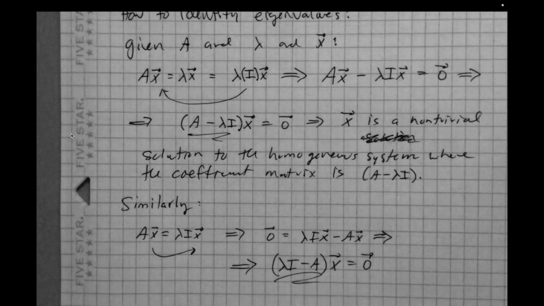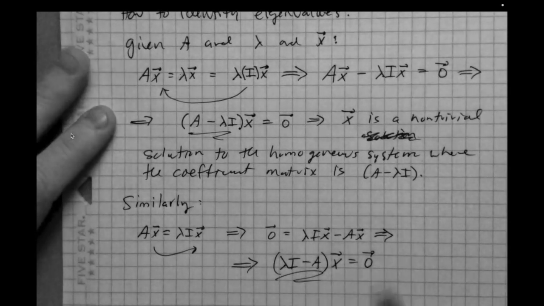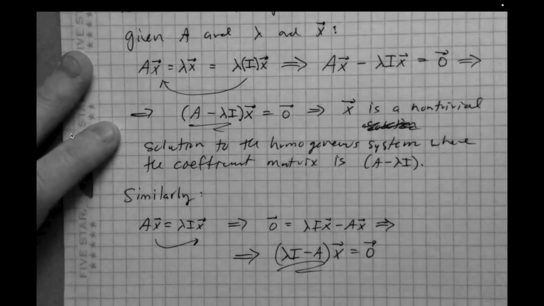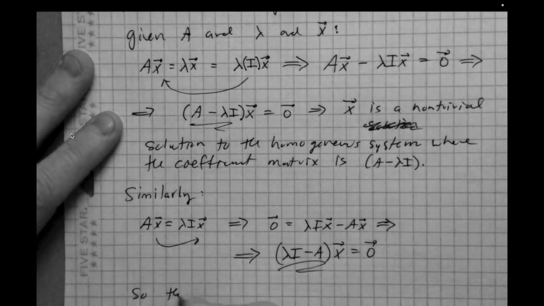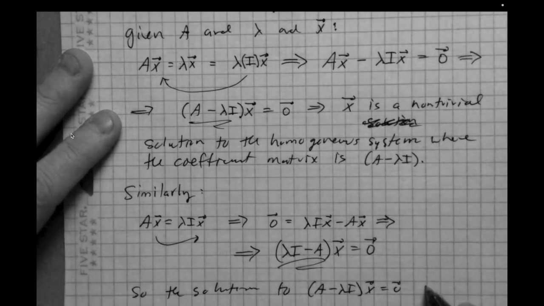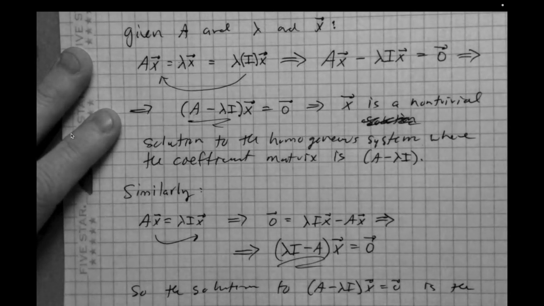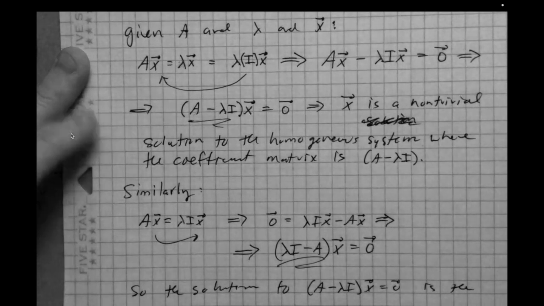And so the solution that gets generated here should be the same in both cases. So the solution to A minus lambda I times x equals 0 is the same as lambda I minus A times x equals 0.